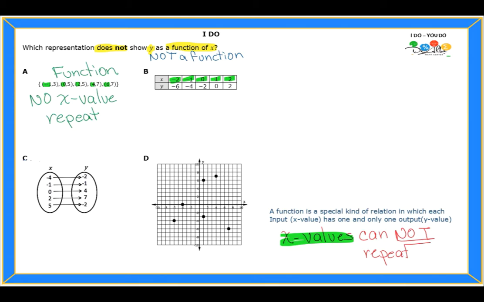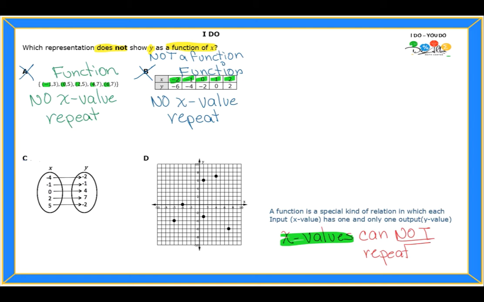No, right? None of the x values repeat. So we say no x value repeats. Therefore, this is a function. So far, A and B are functions. That's not what I'm looking for. I'm looking for something that is not a function.